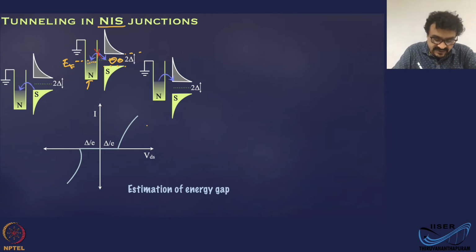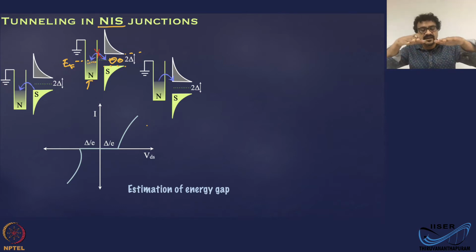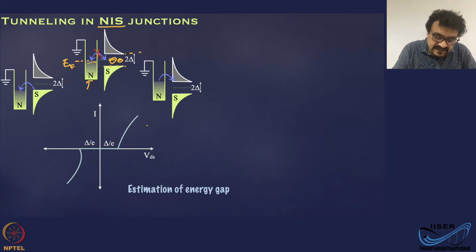So what that means is no current will be flowing in this specific case, in this picture. At zero bias, no current will be flowing, and that situation is the same as long as you tilt or slide the superconductor side with respect to the metal side until this situation is reached, where these electrons can now tunnel and occupy the empty states on the superconductor side, which is a distance delta above.